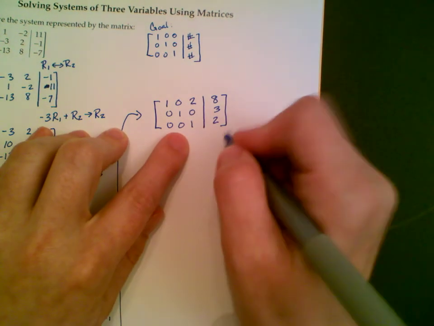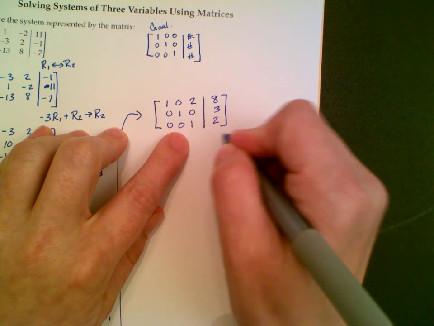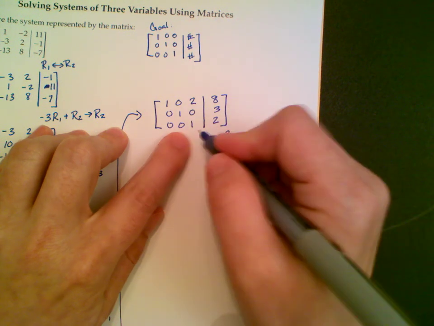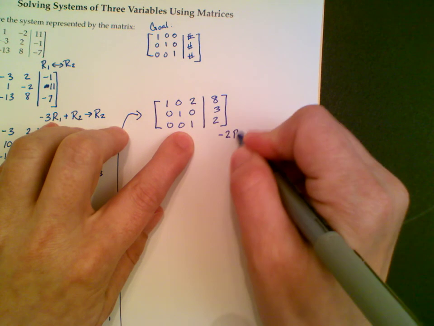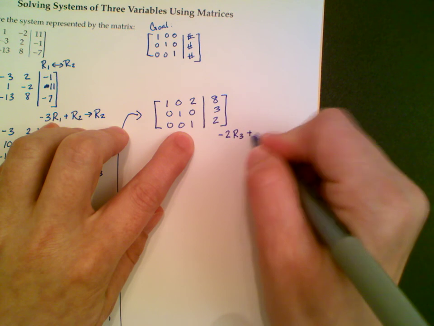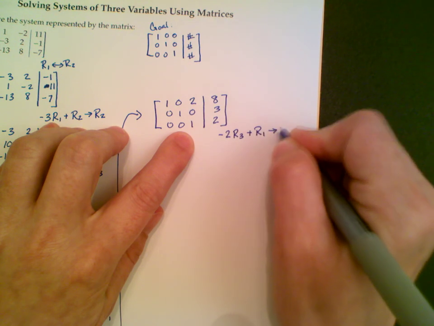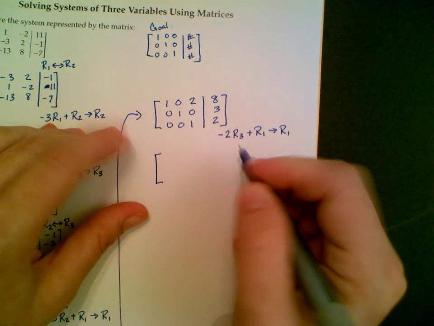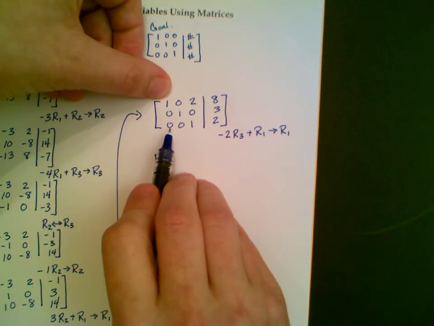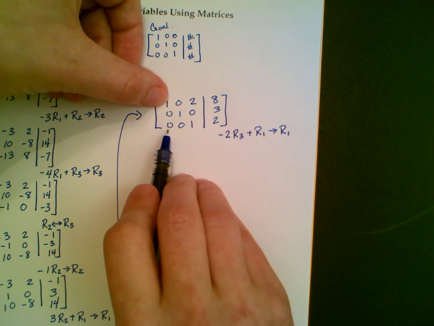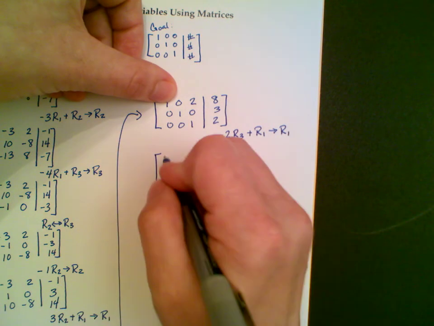The way that I'll do that is by adding a negative 2. So negative 2 times row 3. I'm choosing row 3 because that's where the 1 is. Plus row 1. And I store this in row 1. All right, so now these first 2 calculations are going to be easy because that's 0. So negative 2 times 0 is 0, plus this doesn't change.